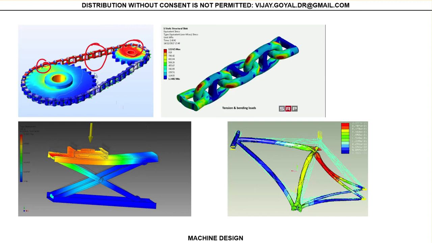In the case of a simple chain, you can see that these locations here are very crucial, because those are the locations of maximum stresses. That means these are the locations I want to strengthen, and I want to choose a combination of material and size to make sure that point is safe.